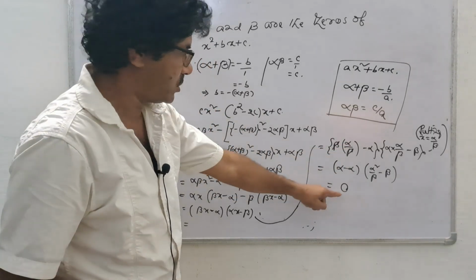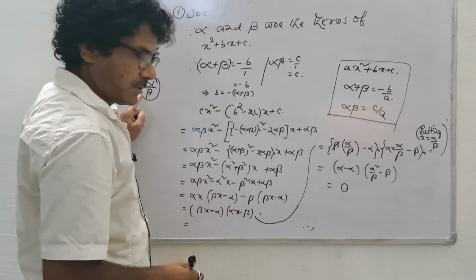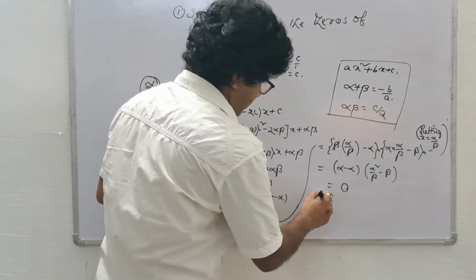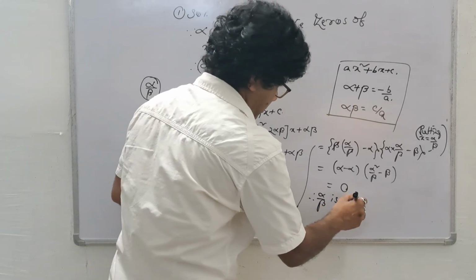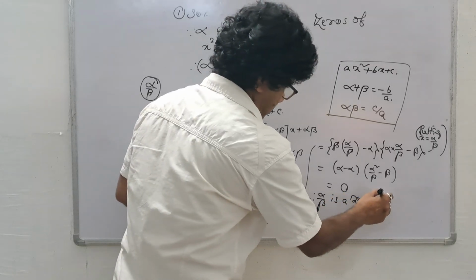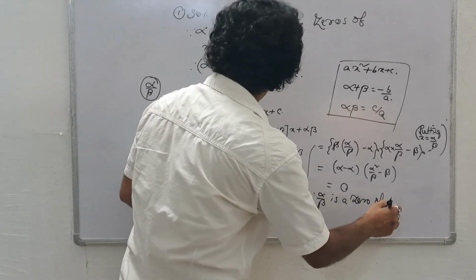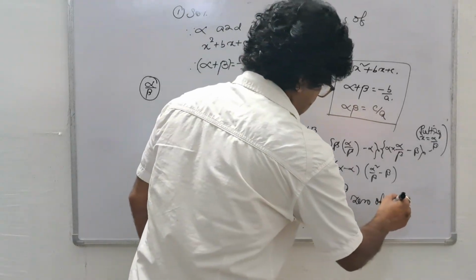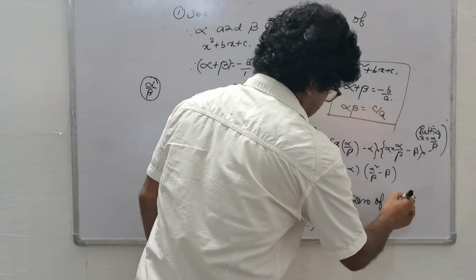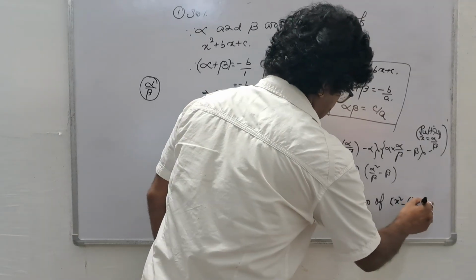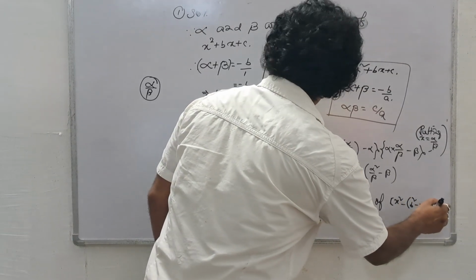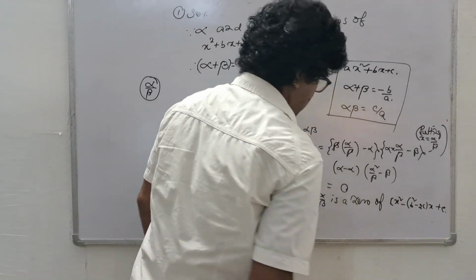Ultimately this value is 0 for x is equal to alpha by beta. Therefore alpha by beta is a zero of cx squared minus (b square minus 2c)x plus c.